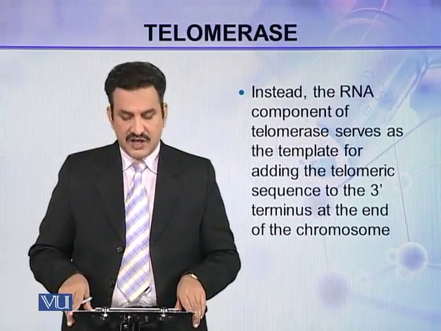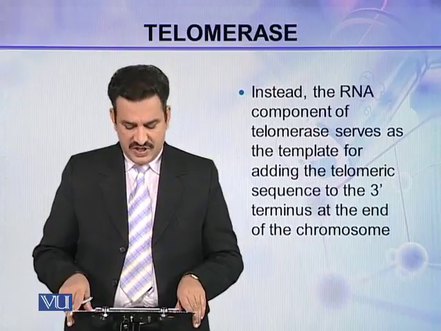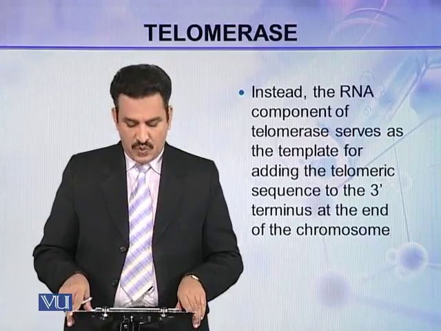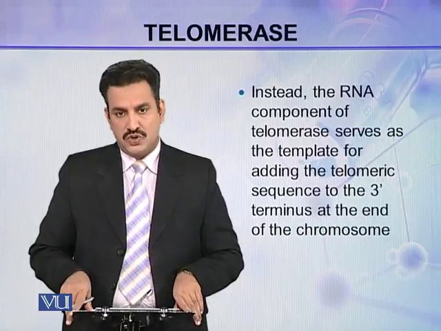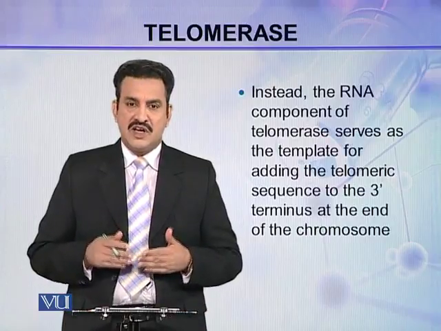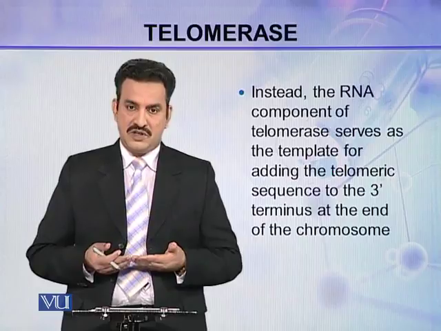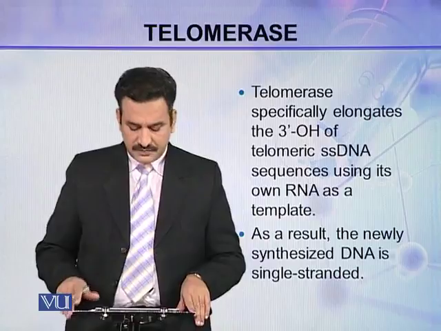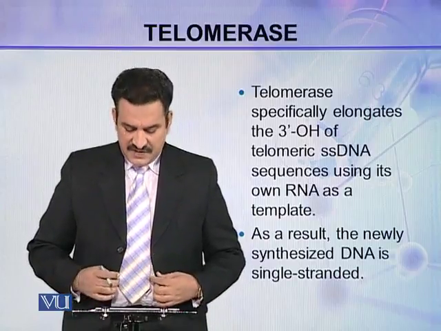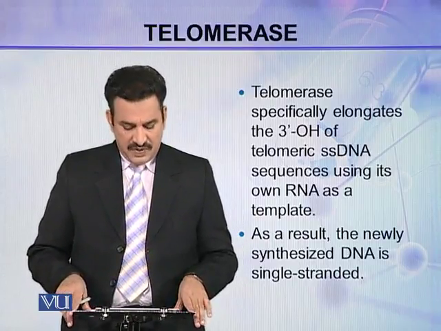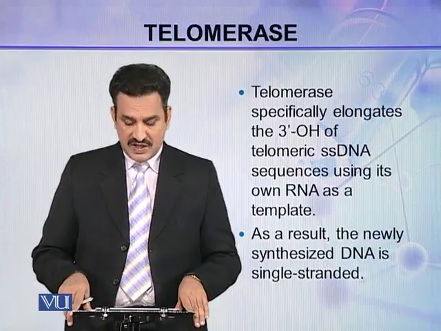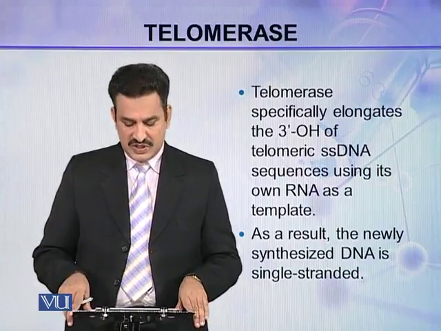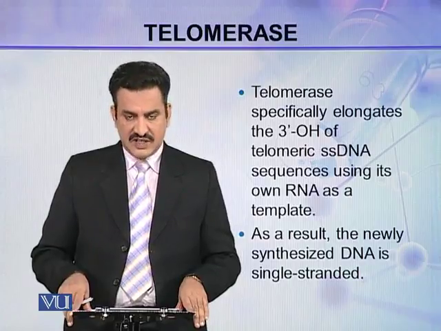Instead, the RNA component of the telomerase serves as a template for adding the telomeric sequence to the 3' terminus at the end of the chromosome. Because telomerase has its own RNA component, that RNA serves as the template. Telomerase specifically elongates the 3' OH of the telomeric single-stranded DNA sequences using its own RNA as a template.